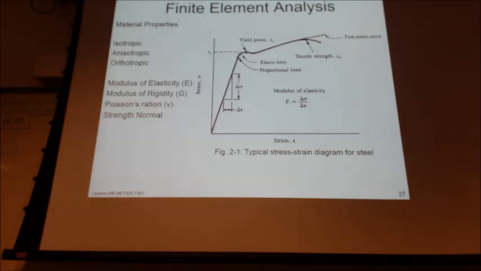Our modulus of elasticity and rigidity and Poisson's ratio are important to our analysis because that's what defines the material properties. We always want to make sure that we're careful that we're able to distinguish between ductile and brittle materials.